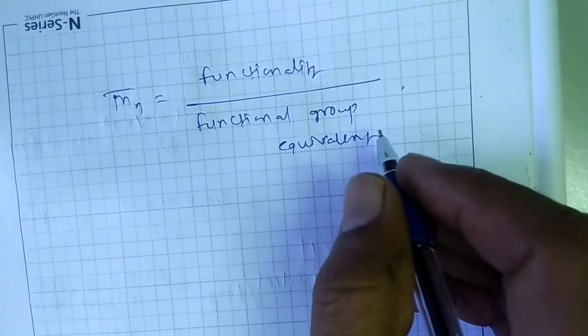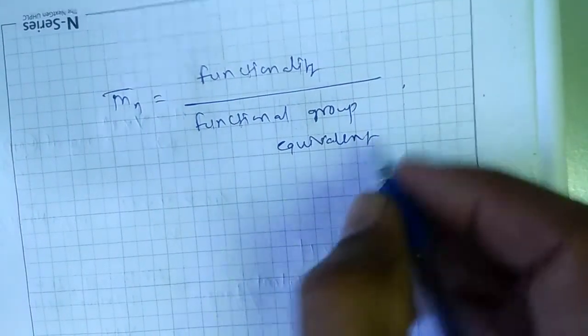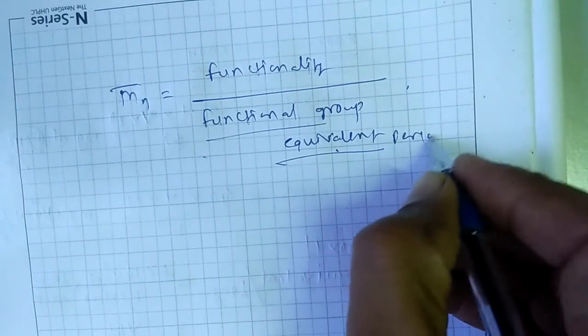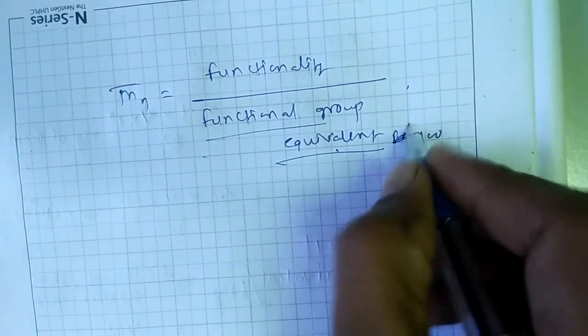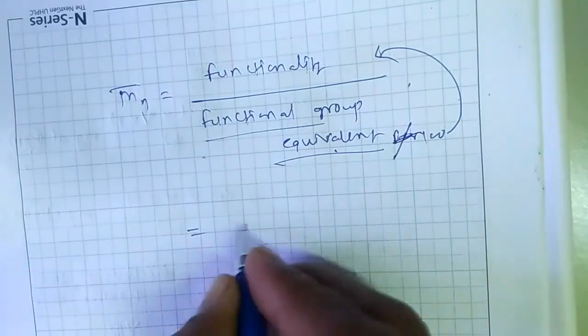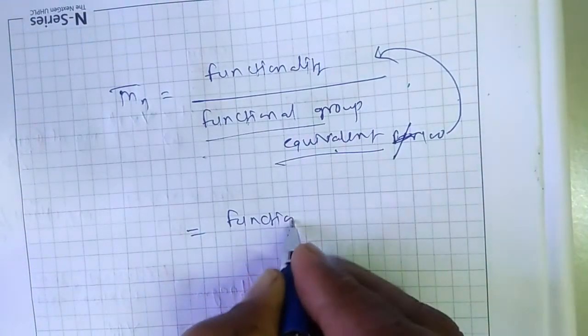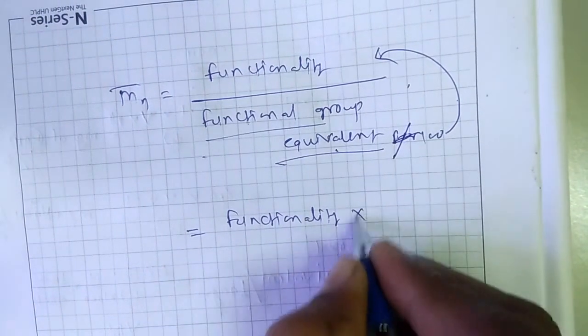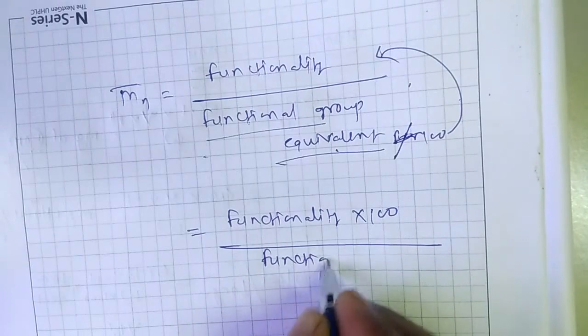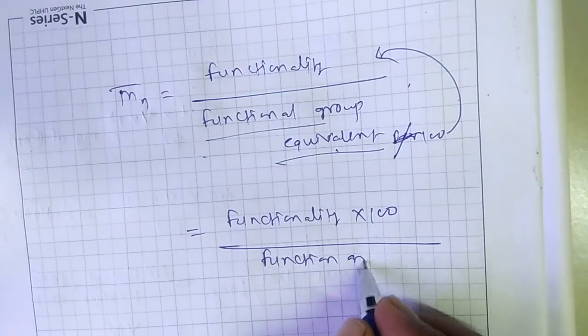So we have to determine it in a pure form, because this value is per 100 gram. That's why this per 100 gram goes up to the numerator side. So Mn is equal to functionality into 100 divided by functional group equivalent.